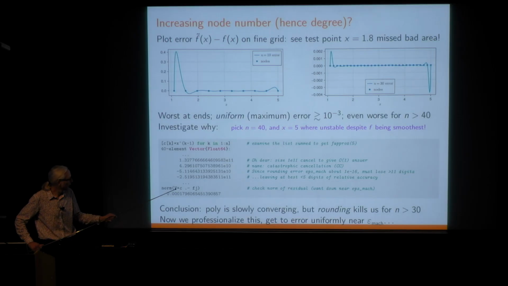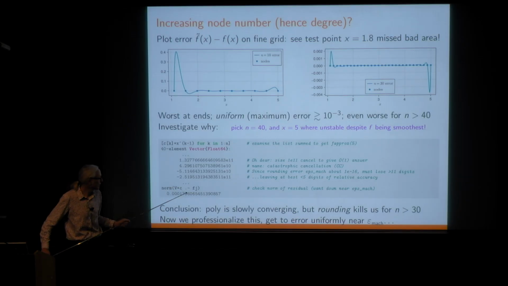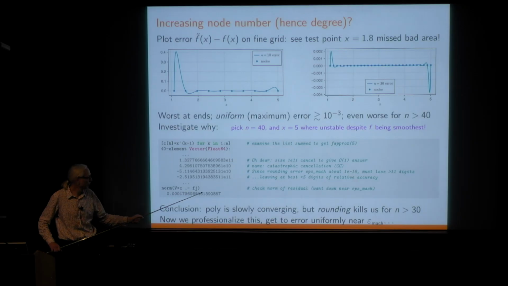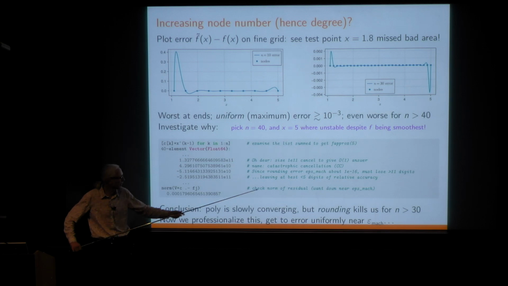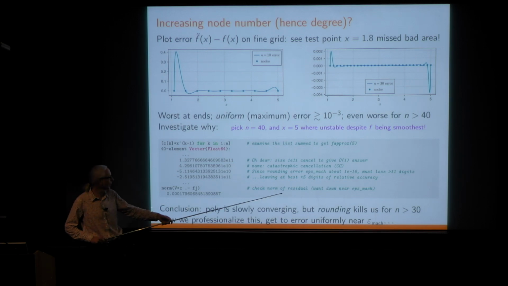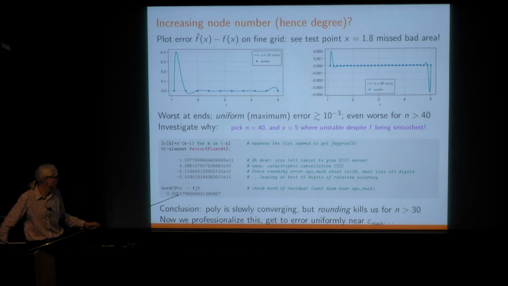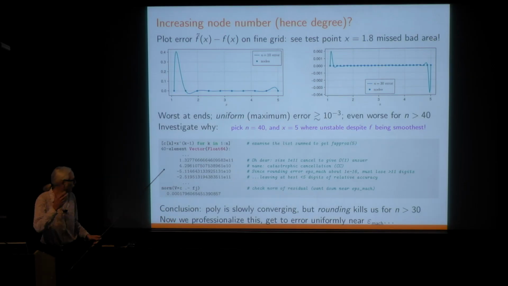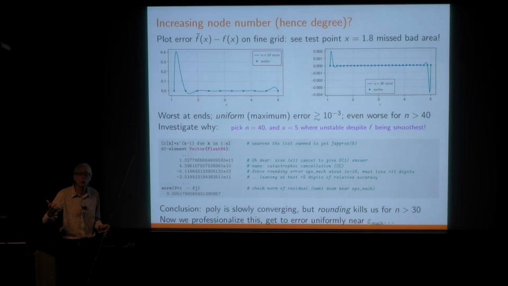Like here, the cancellation occurs when V hits C. Remember, C is the solved vector. You're checking, basically, AX minus B here. That's a vector. You're checking its norm, which by default is the 2 norm, so just summing the root mean square, if you like. And you can see the norm of the residual is 10 to the minus 4. That's also about 12 digits worse than it should be.